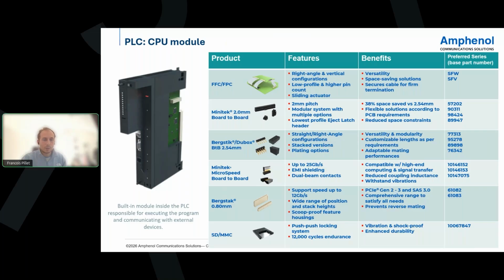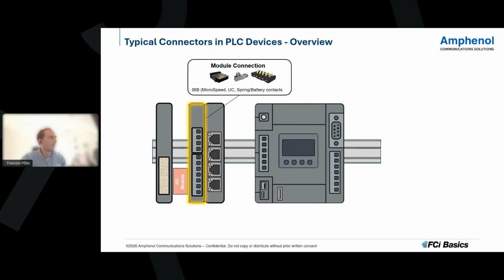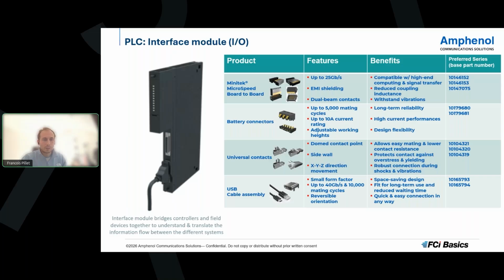For the next stage, we'll now show you the connectors to use between modules themselves, especially at the interface modules, which serve as a bridge from controller to on-field devices. Several designs can be used between I/O and CPU modules, depending on the architecture. You can first consider Minitek Microspeed board-to-board, which is one of our flagship components capable of withstanding vibrations thanks to dual beam contact design.